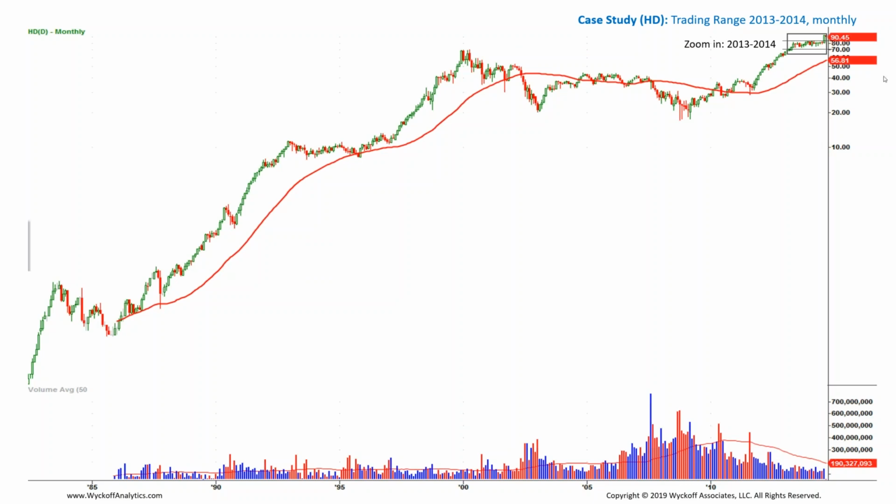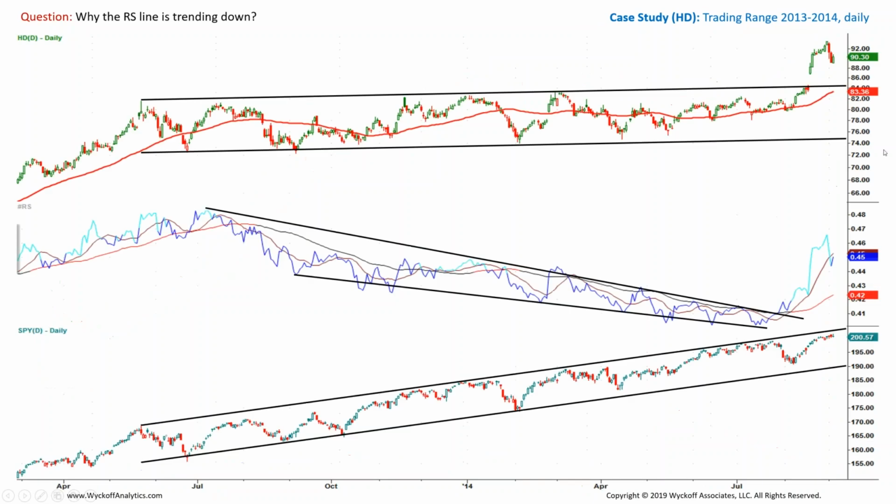All right, let's look at the 2013-2014 range. And here is the next question. We look at the price of the stock on the daily, and we look at the relative strength ratio line. This is also based on the daily. We see that the price just basically consolidates.